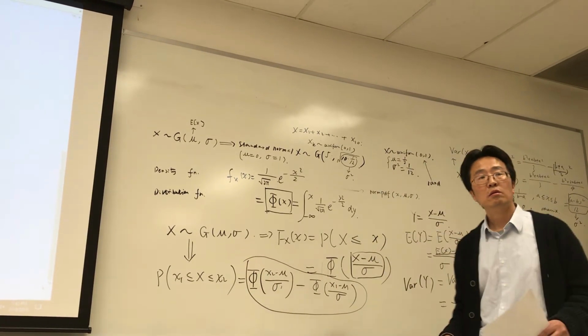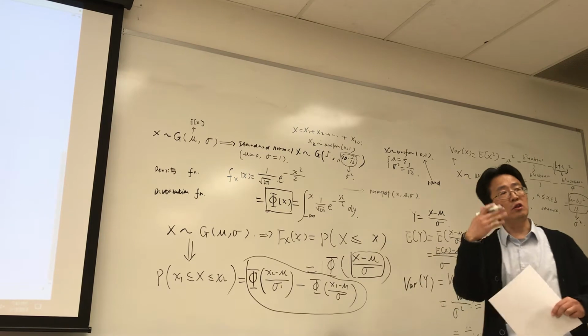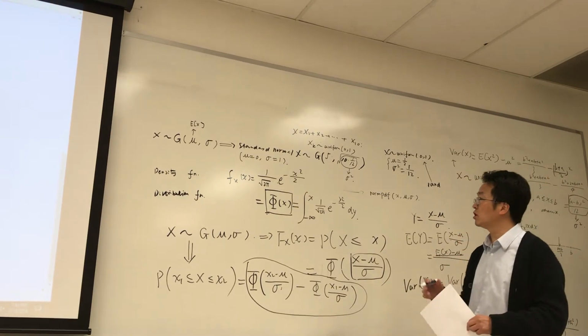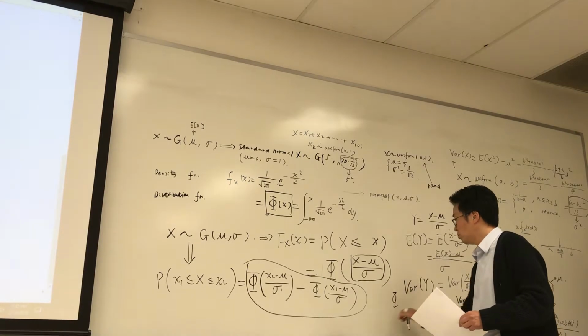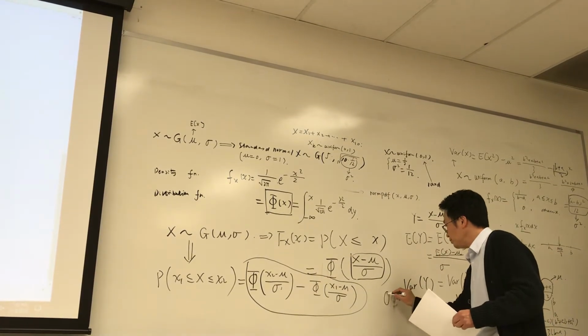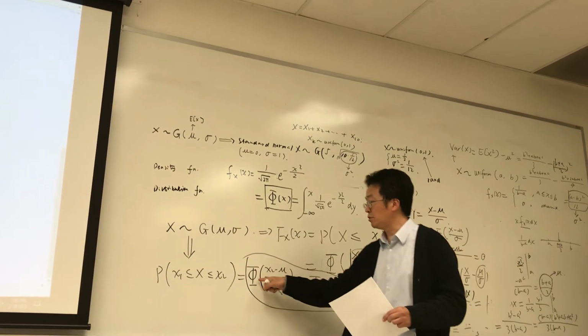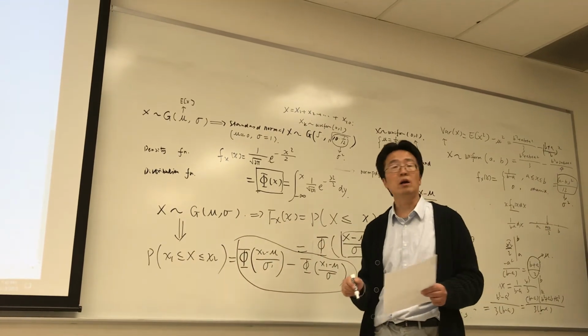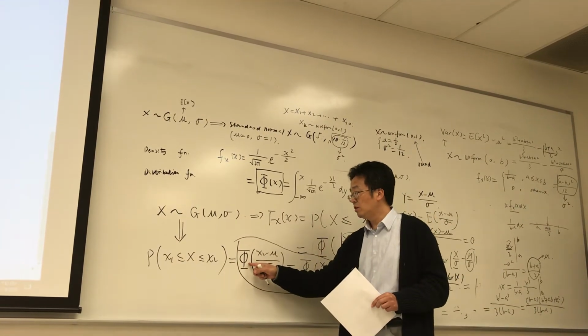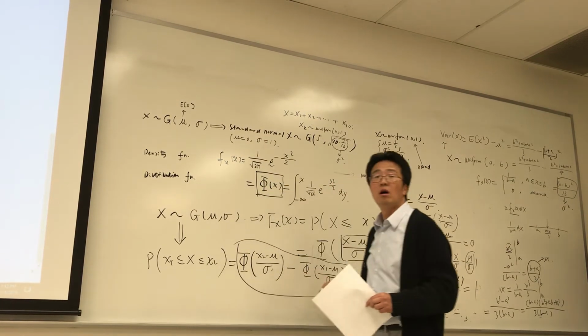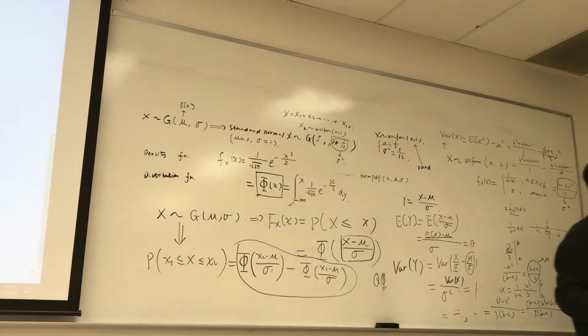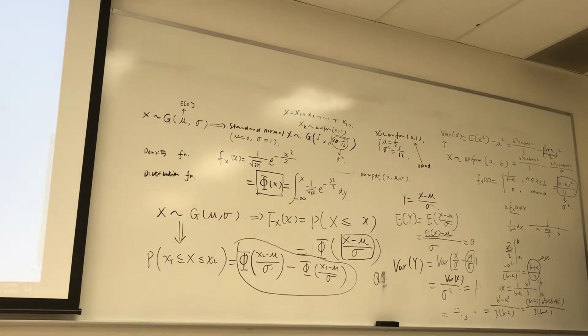The book uses a slightly different definition, called the Q function, which is very similar to this distribution function. We don't need that. Let's just use this distribution function for the standard normal distribution. All right, any questions?